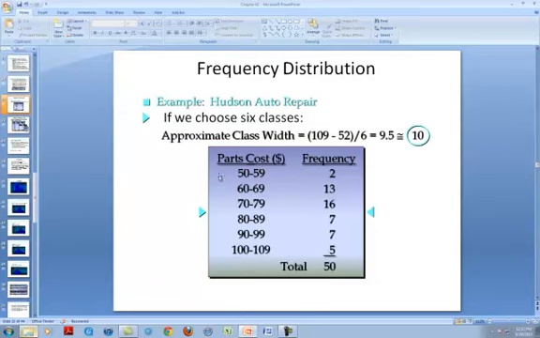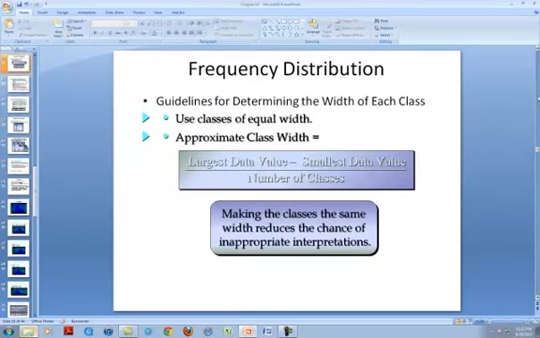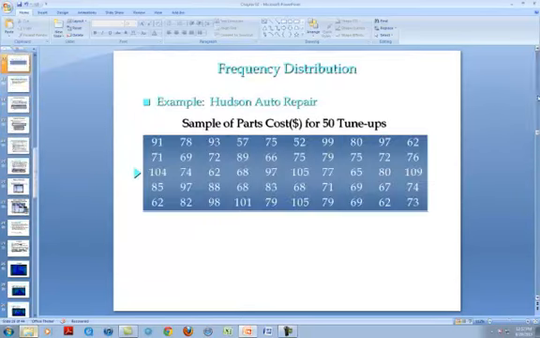Okay. Then what we do is we tally. There are 2 observations between 50 and 59. Let's go back. 2 observations between 50 and 59. Yes, there is 52 and there is 57, and I don't see any other numbers in that class.